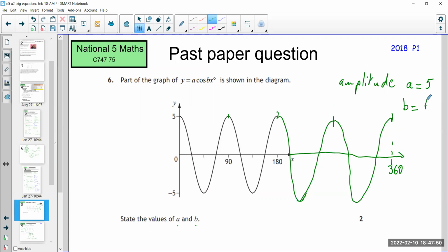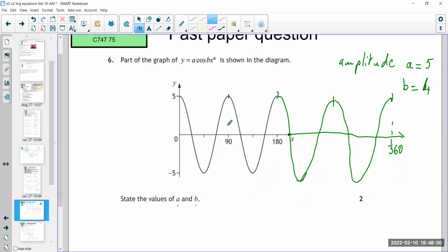Now you might ask me, is there another way to find B? Yes, there is. If you've got 360 degrees, you divide that by B, you get the period. So what is my period here? The signal repeats itself after how many degrees? 90. What do you need to divide 360 by to get 90?